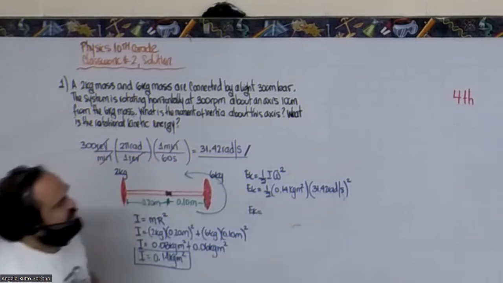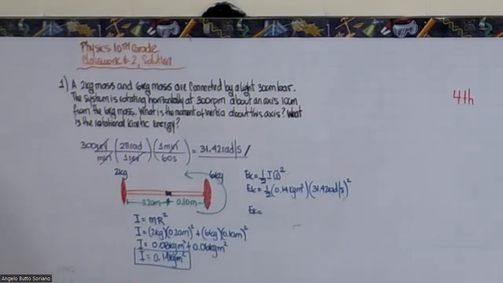So the rotational kinetic energy will be 0.5 times 0.14 times 31.42 squared, which is 69.11.